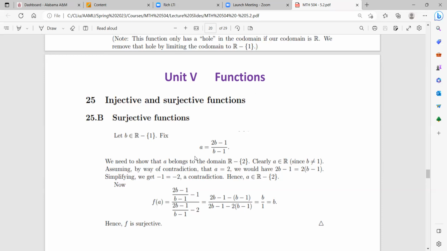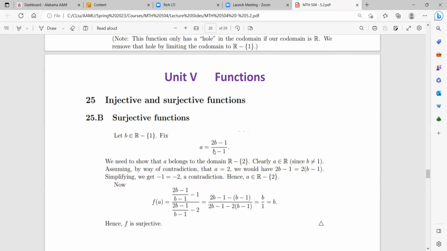Okay, that will not happen. All right, so that means A is in the domain of R minus set 2. For any number B in the codomain, this value A defined here is in the domain.